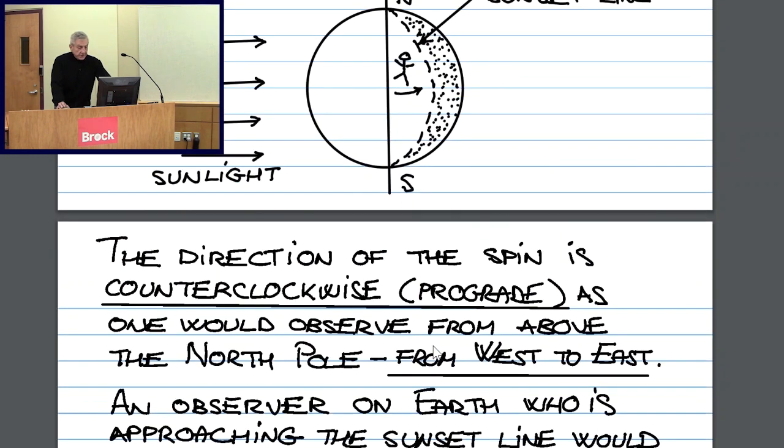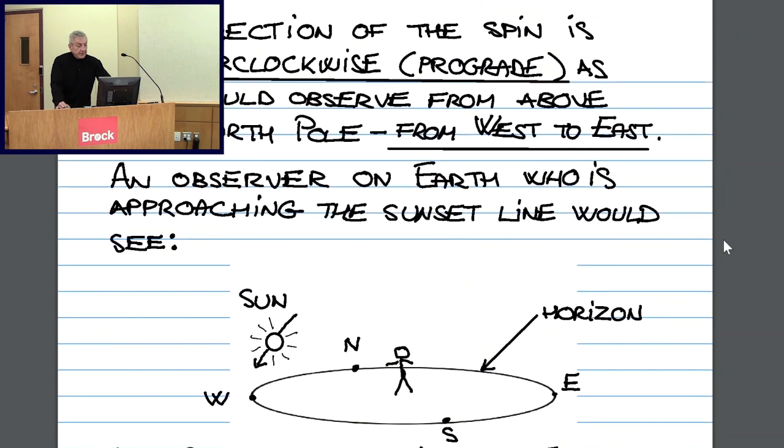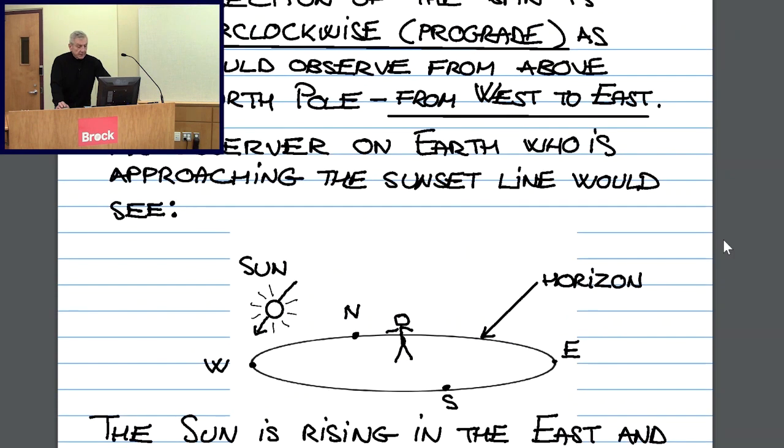So here is the observer, the same observer. This oval here represents his horizon. There are 4 points on the horizon: the west point, the east point, the north point that is closest to the North Pole, and the south point that is closest to the South Pole.